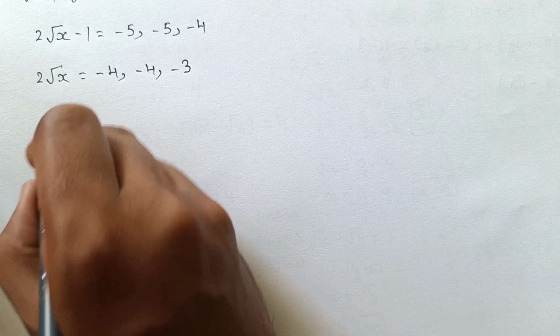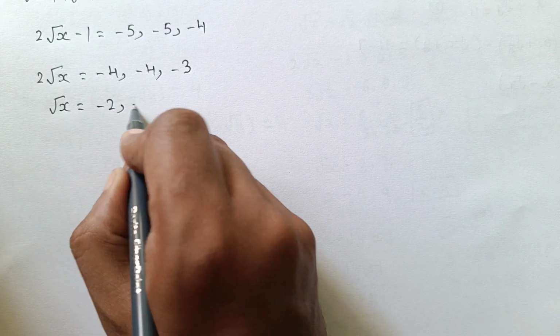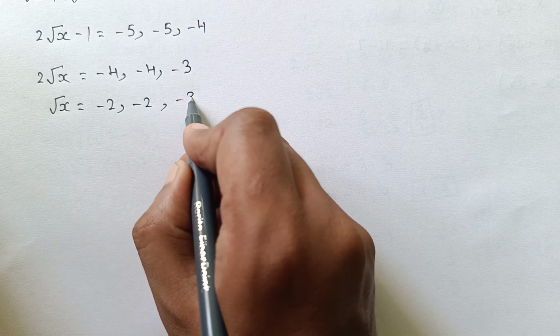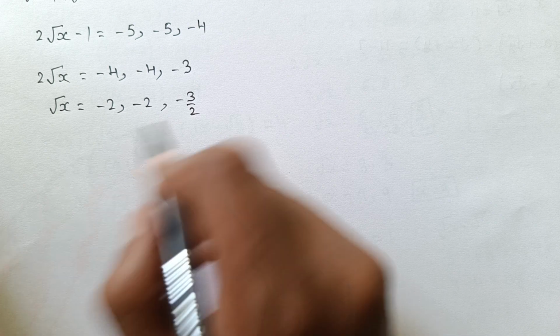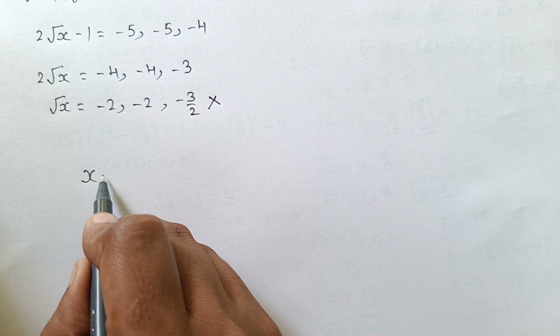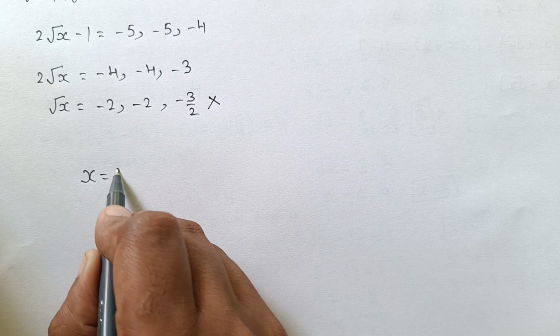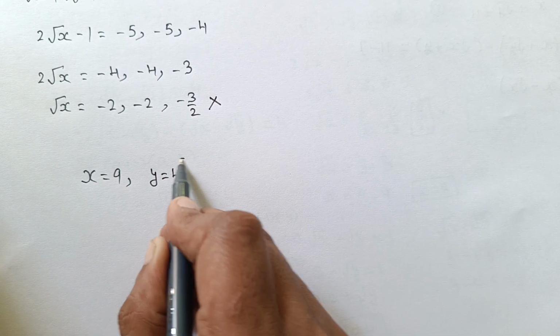So here we see that the values of root x come out to be minus 2 and minus 3 by 2, but root x can't be negative, you know? So all these values are rejected. So the only solution of our system is x equal to 9 and y equal to 4.